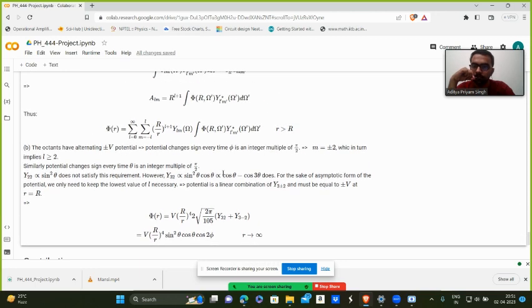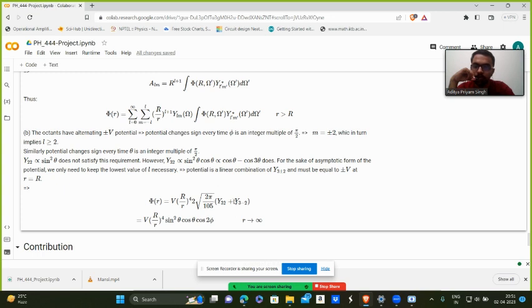Substituting this value of L and M back into the phi r equation, we get phi of r equal to V times the radius of the sphere divided by the distance to the power 4, times a constant, and times the linear combination of Y_3,2 and Y_3,minus 2 represented by this bracket, which can be further simplified by putting in the values of Y_3,2 and Y_3,minus 2, which will result in a final potential as a function of theta and phi.